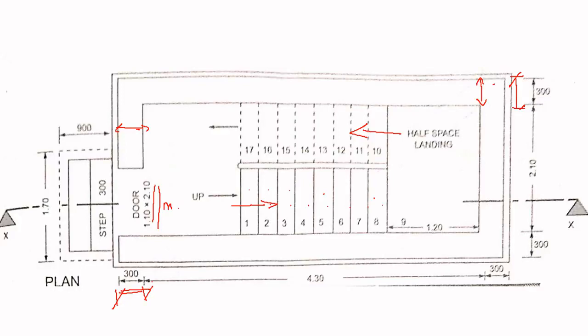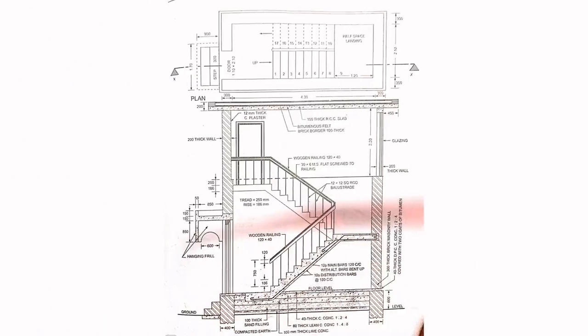Okay, now taking this section XX, that is the first flight going up. See, this is the section. You can see this door here. This wall size is 300 mm. This is not 300; this wall size is 300 mm.